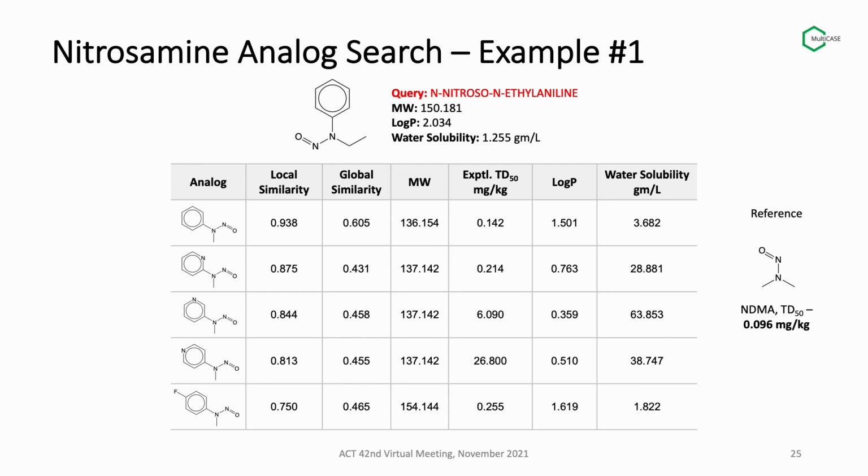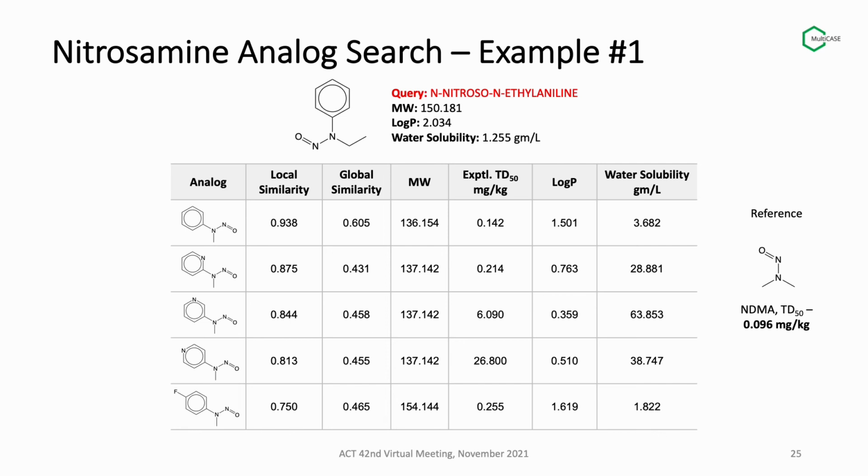So these experimental values for the TD50 are taken from the database that I mentioned before, and the physicochemical properties are calculated computationally by two very high quality models that are built inside the QSAR Flex software program.